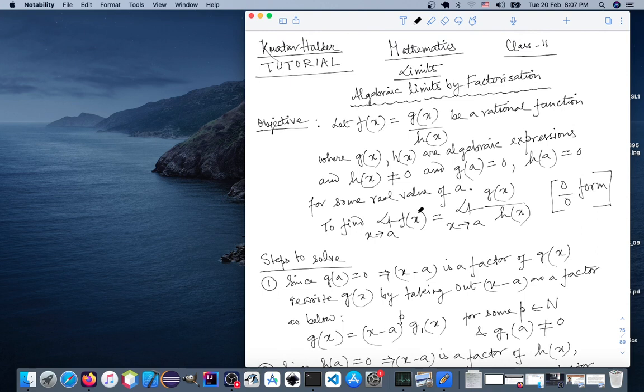So we just extract the factor x minus a from both g(x) and h(x) and cancel that out. I mean, eliminate the culprit, which is the x minus a factor, and after the common factor gets cancelled out, we just substitute the value of a in g(x) and h(x).